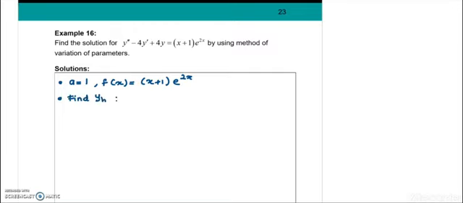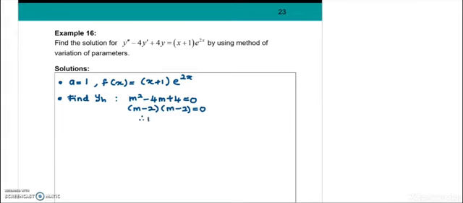First, the characteristic equation: m squared minus 4m plus 4 equals 0. It can easily be seen that we can factorize it as (m - 2)(m - 2).